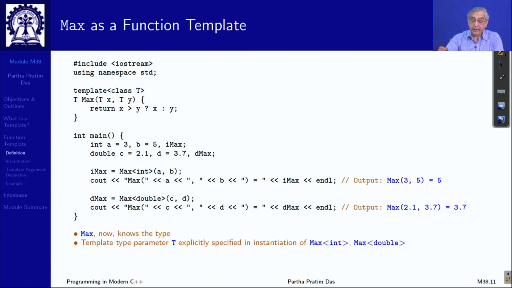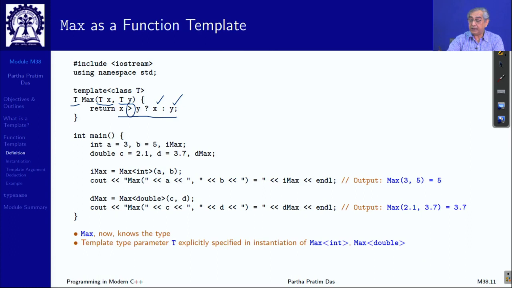And then I say that my logic of max is, max takes two variables of the same type. So, let that type be T. It will return the maximum which is of the same type T, and this is my logic. If x greater than y, then x, otherwise y.